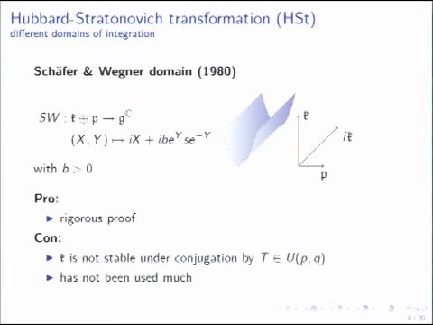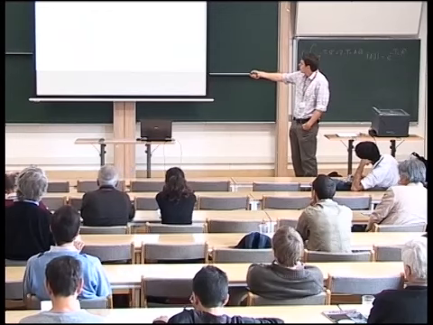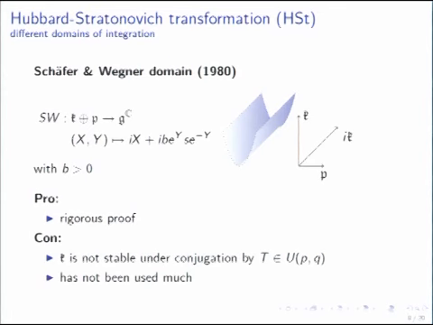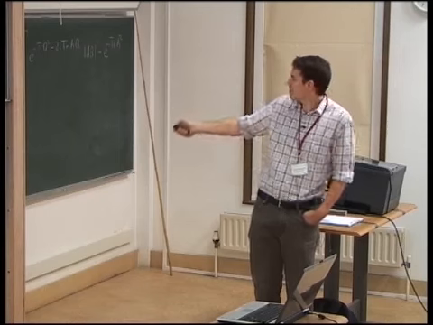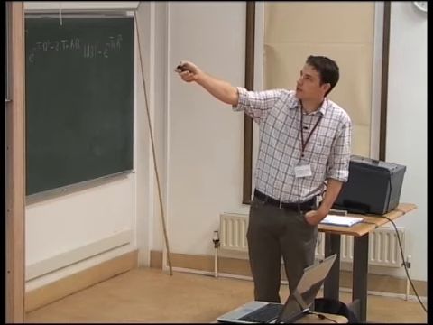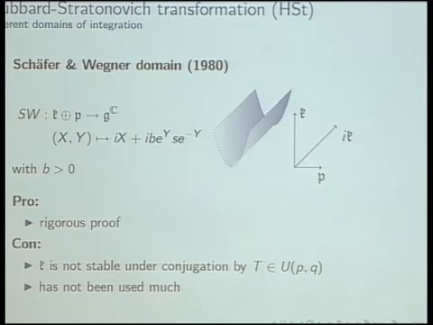But then you take this matrix S and conjugate with the P part. There's an i in front, which is needed, and you have B, which should be positive and real. So you have, in fact, a whole family of domains of integration here. I will not show you the proof for this formula, and I will not show you that the problem does not arise, because I'm interested in another domain.